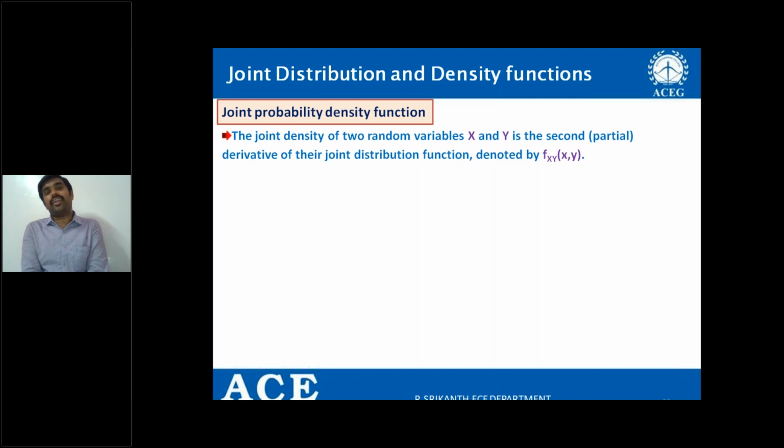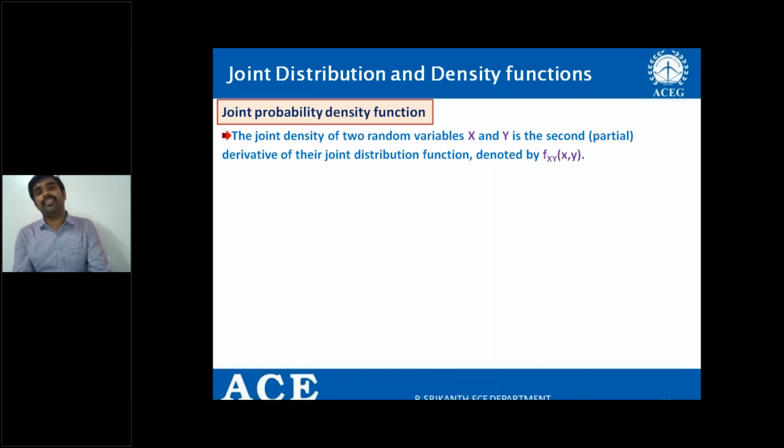Since only the distribution function of random variable x is considered, only the first derivative, differentiation with respect to x, is taken. But here we have two random variables. Therefore, we need to differentiate with respect to x and at the same time with respect to y.